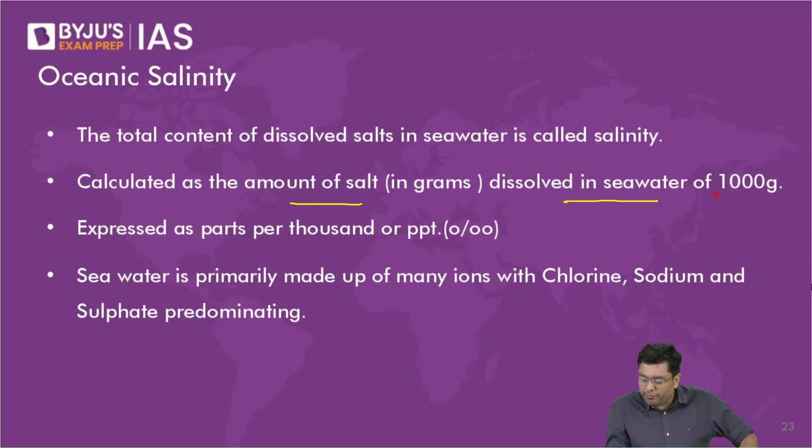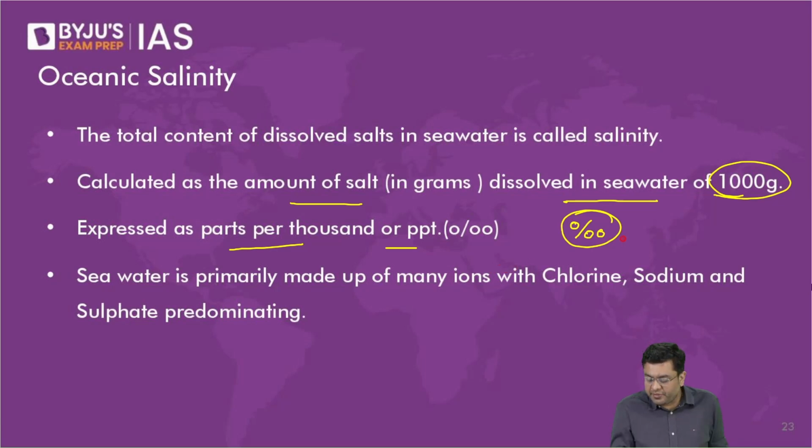So, the total amount of salt which is present in any sample or 1 kg of oceanic water is representative of the oceanic salinity overall. Okay. Now, the total content of dissolved salts in seawater is what is referred to as the oceanic salinity. It is calculated as the amount of salt dissolved in seawater of 1 kg or 1000 grams.